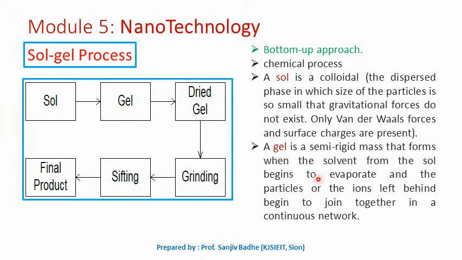When the solvent from the sol is evaporated, what remains behind is a semi-rigid mass. This semi-rigid mass is called a gel. When the solvent is evaporated, the particles or ions left behind begin to join together in the form of a continuous network and form a gel.